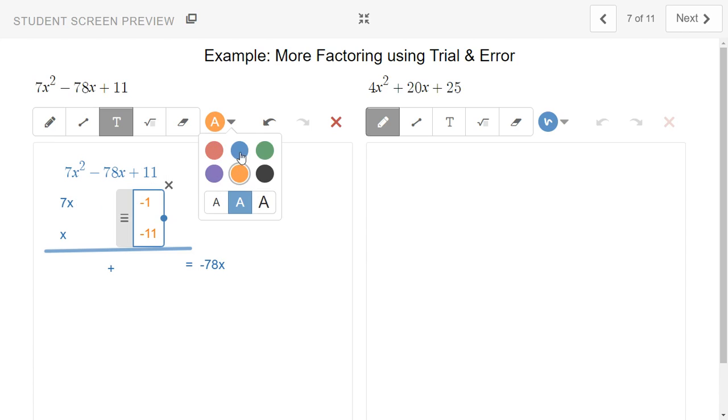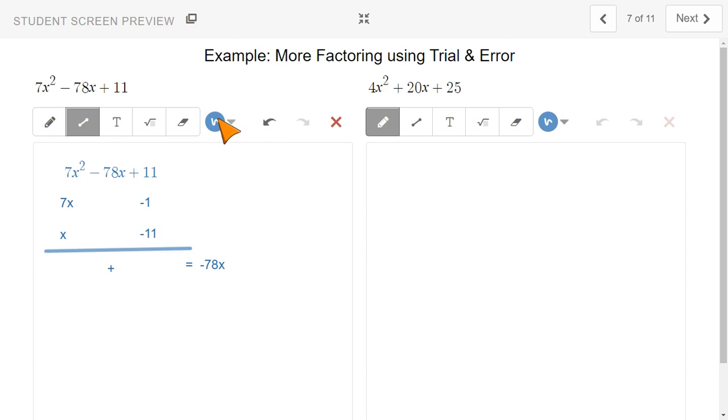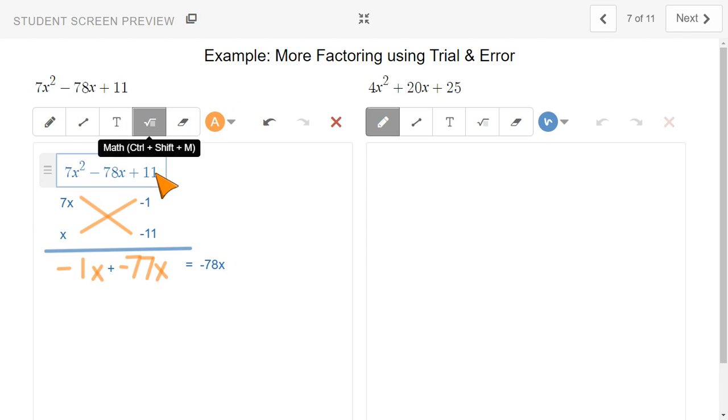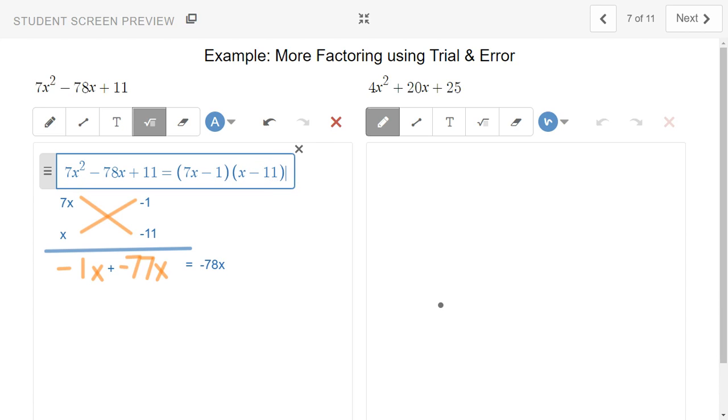Cross these now to see whether it works. So the first one, I have a negative 1, and the second bracket, or negative 1x. Second bracket, negative 77, and it does work out. That means my brackets will be 7x minus 1 and x minus 11.